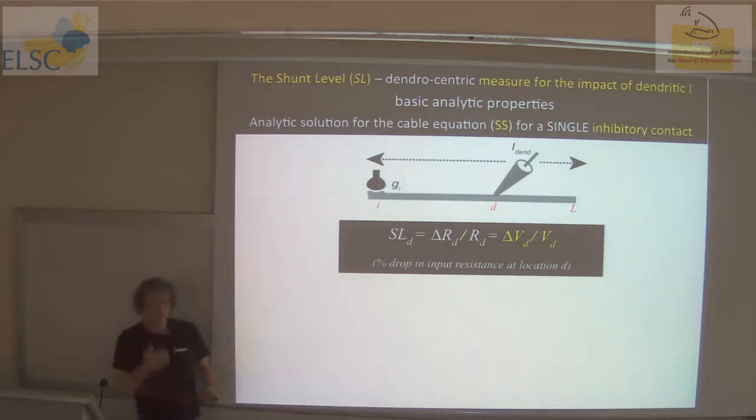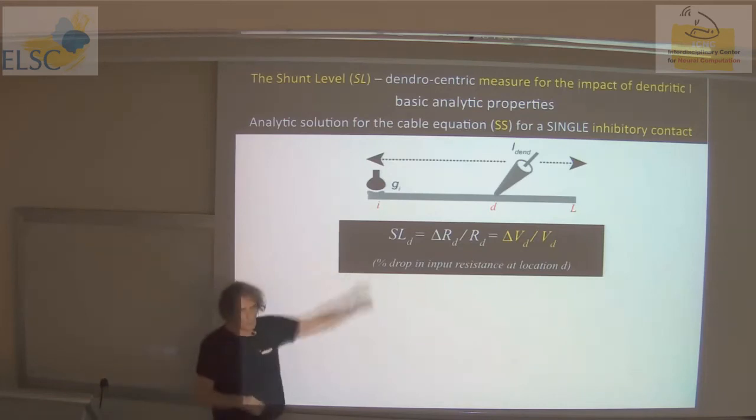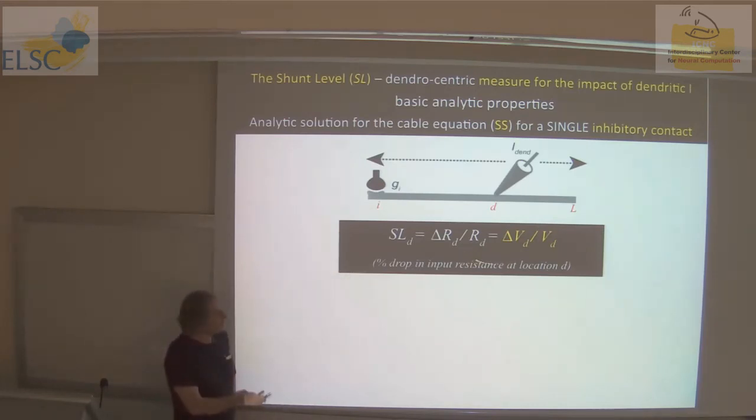So if I say the shunt level is 0.2, I'm telling you that at this location, the steady state voltage will drop by 20% following the shunt. And because of this, I can solve the cable equation, because I know how to solve the cable equation for voltage, and so I also know how to solve it for a proportion, for a drop in voltage. And that's the whole idea of solving the shunt level for a cable using the cable equation.